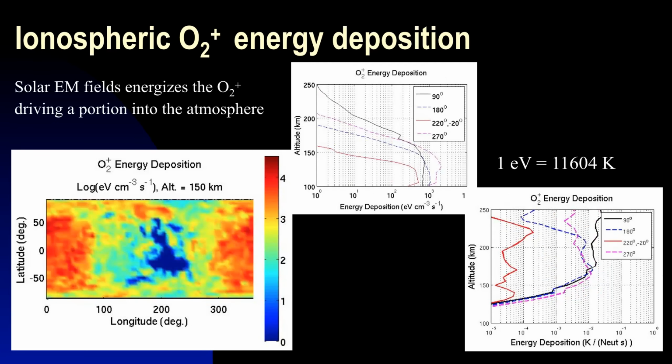For comparison, the O2 plus deposits most of its energy on the day side. Again, most of the heating is above 150 kilometers. So the question is, what does this energy being transferred from the ions to the neutrals do to the atmosphere?